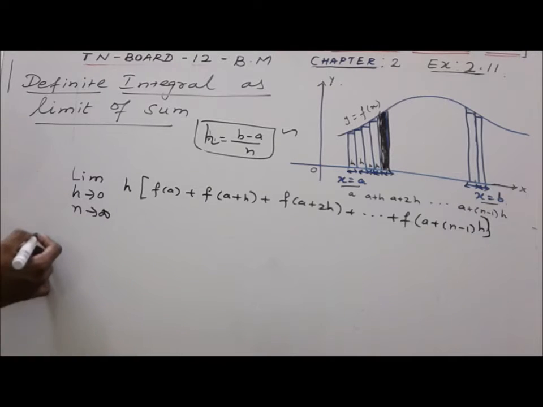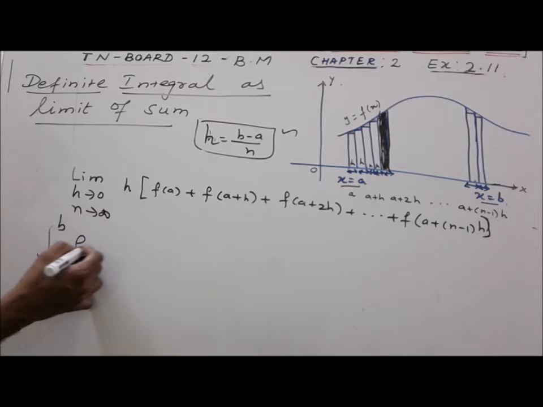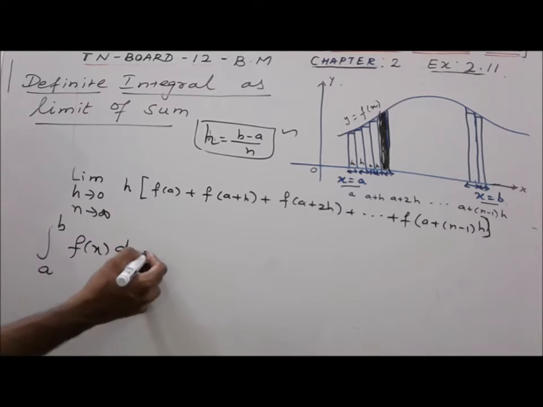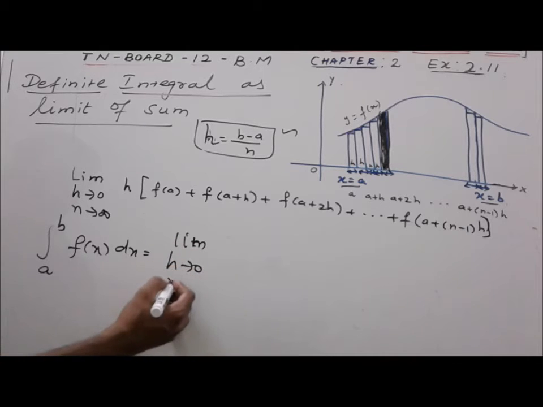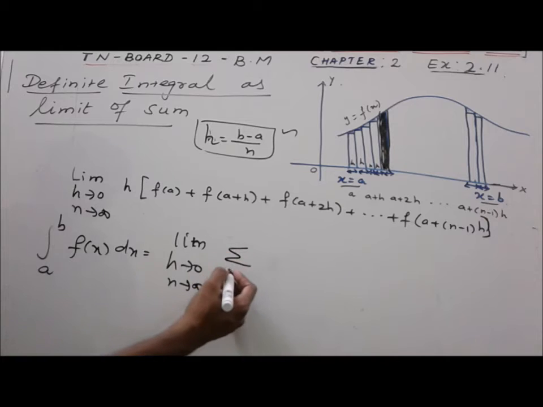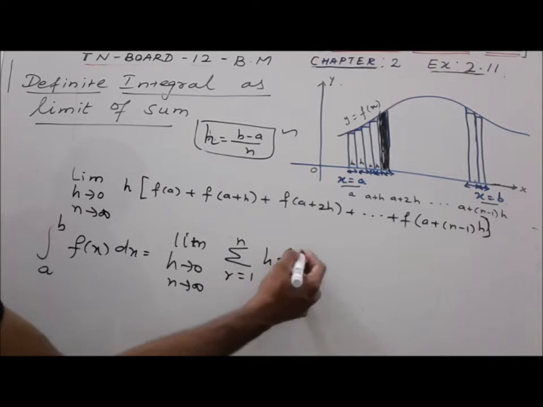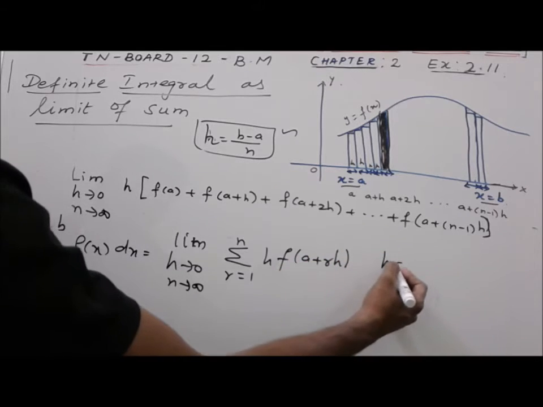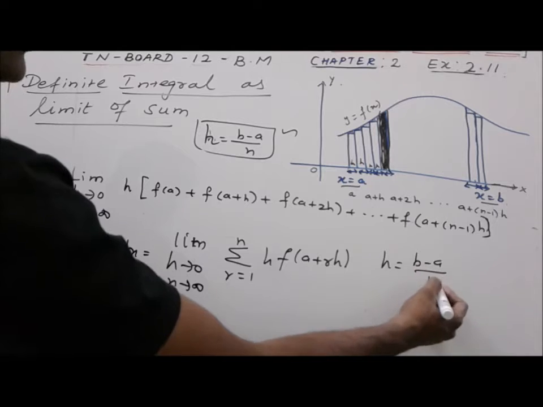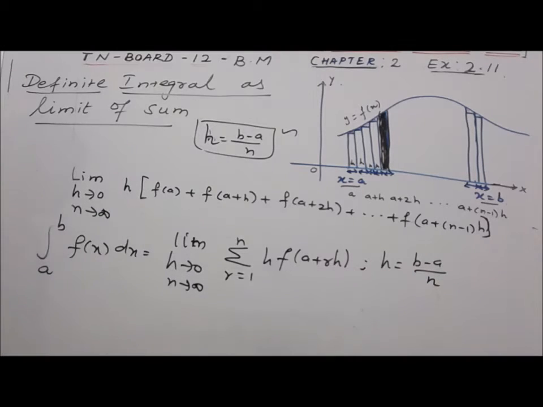So the required area between a and b, the integral of f of x dx, is equal to the limit as h tends to 0, n tends to infinity, of the sum of r equal to 1 to n of h into f of a plus rh, where h is equal to (b minus a) divided by n.